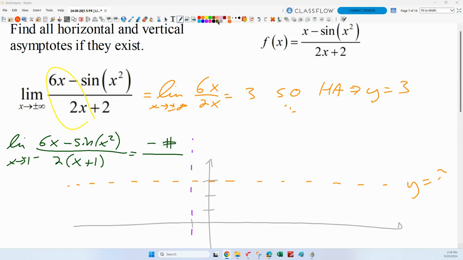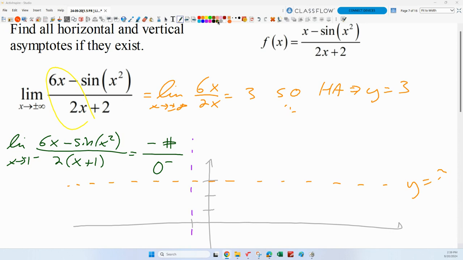On the bottom, what are we going to get? We're going to get 2 times, as x approaches -1 from the left, what's that going to look like? What's a number slightly less than -1, like -1.0001, plus 1? That's 0 minus, times 2. So I'm going to get a negative finite number, a regular number, 5 point something, divided by 0 minus.